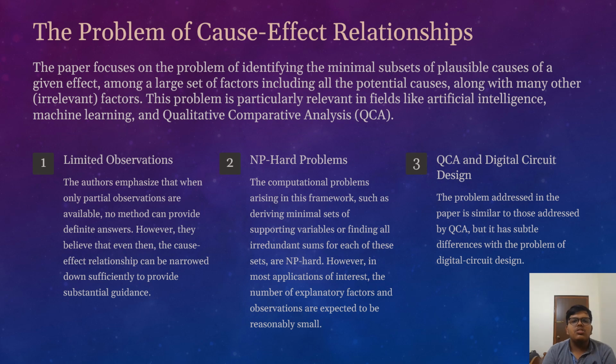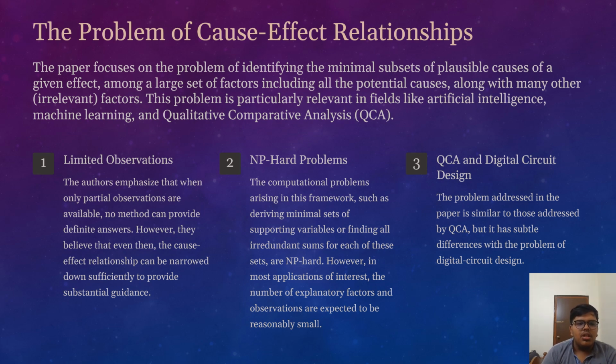The problem of cause-effect relationship. The paper focuses on the problem of identifying the minimal subset of possible causes of a given effect among a larger set of factors, including all potential causes along with many other factors. The problem is particularly relevant in fields like artificial intelligence, machine learning, and qualitative comparative analysis, QCA.